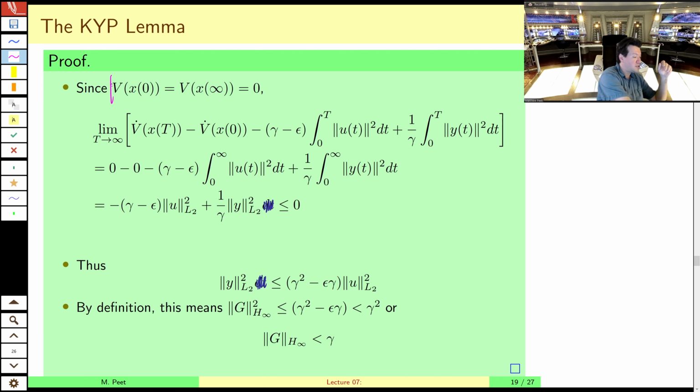Since v of 0 is 0, we can write these terms out, take the limit as t goes to infinity, and we get v of t. And this definitely goes to 0. If we wanted to, we can move the left-hand side over here, negative v of t. And since v is positive, this just makes the inequality stricter.